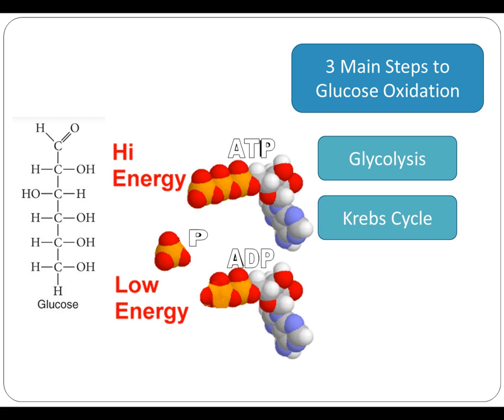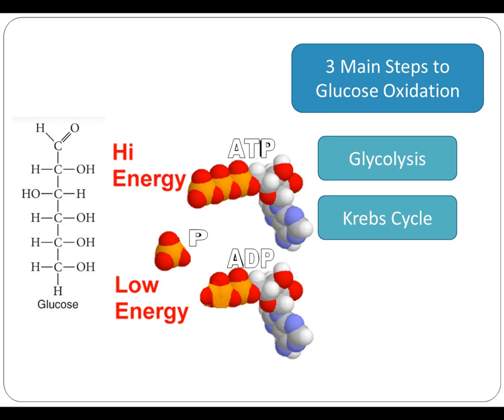This implies that pyruvic acid has to be transported where? To the mitochondria. So pyruvic acid actually has to get transported from where it was made, the cytoplasm, across the outer and the inner membranes of the mitochondria into the matrix, where then the Kreb cycle can take place.